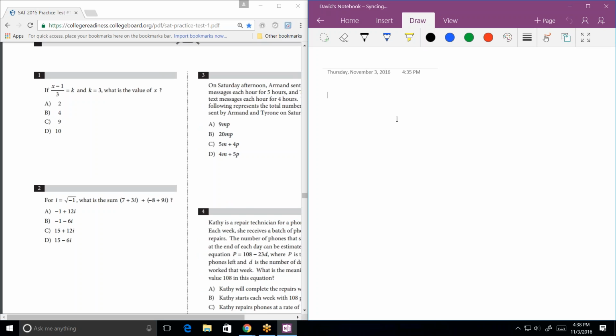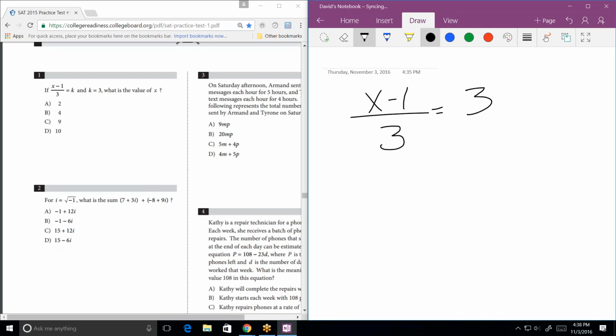If x minus 1 over k equals 3, so you set 3 equal to k, and then I can see right off the bat you can divide by 3. So x equals 2, because then you take the 1 from x minus 1 equals 1. Be careful. You're making kind of a common mistake. You're not going to divide by 3. You're going to multiply by 3.